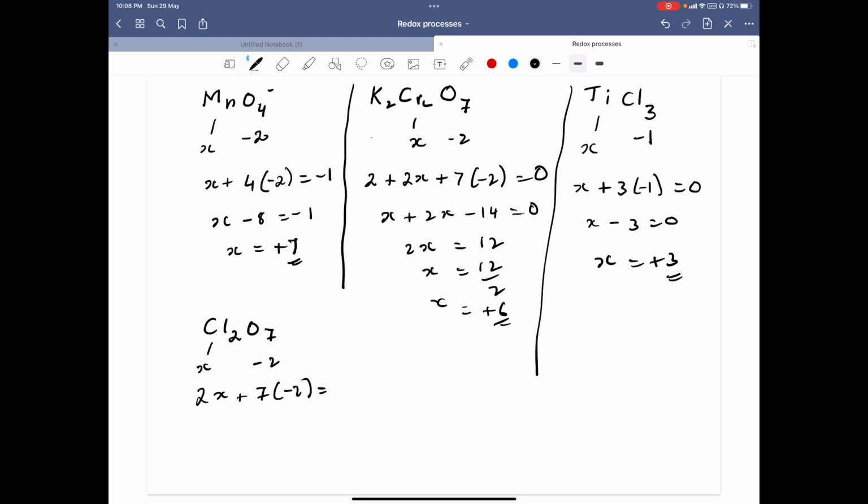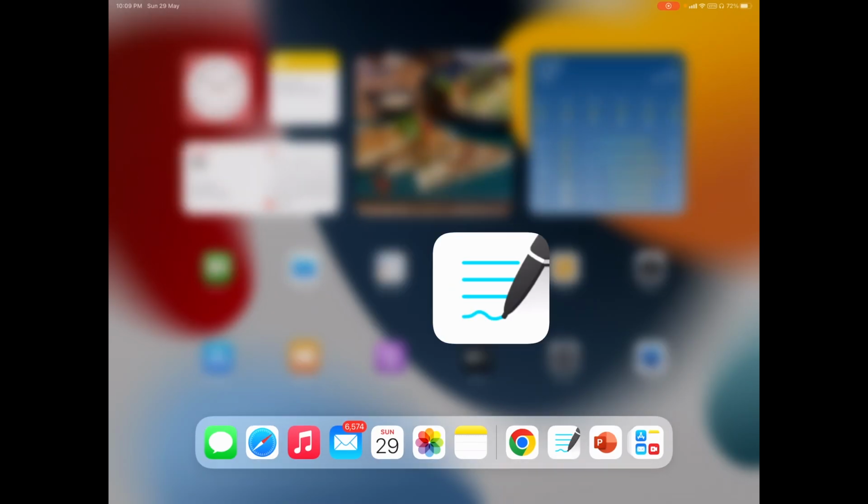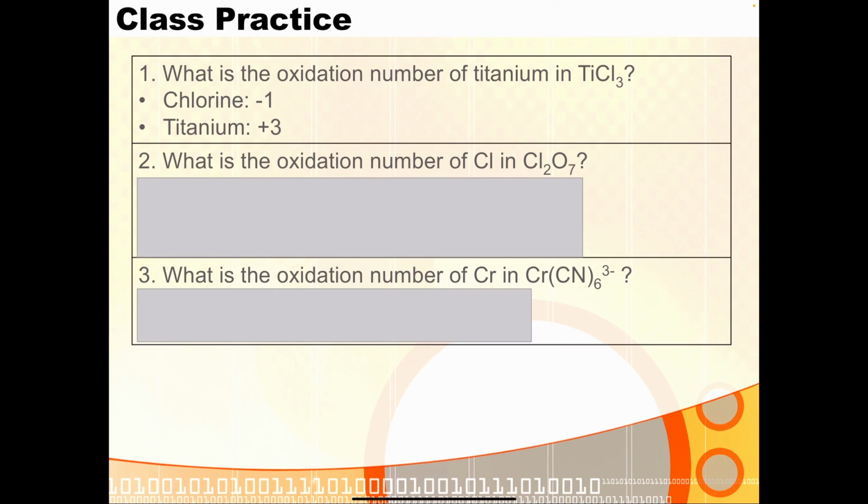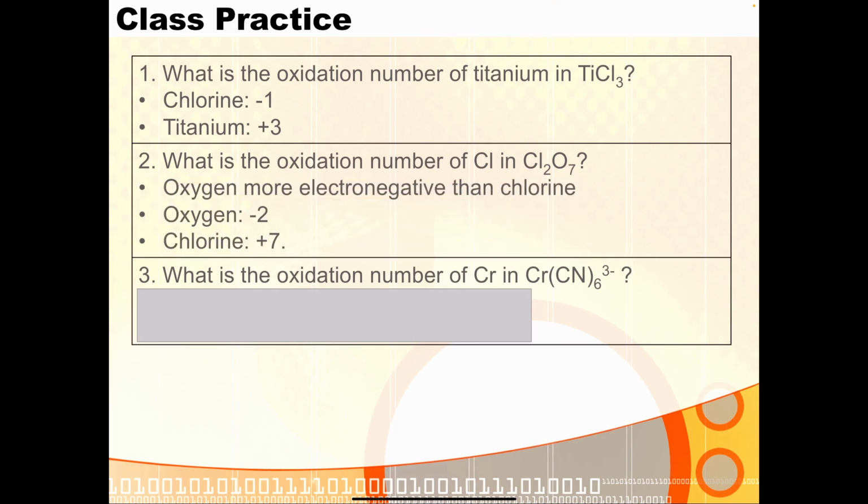Overall charge is 0. So 2X minus 14 equals 0, or X equals 14 by 2, or X equals plus 7. So chlorine has an oxidation state of plus 7.